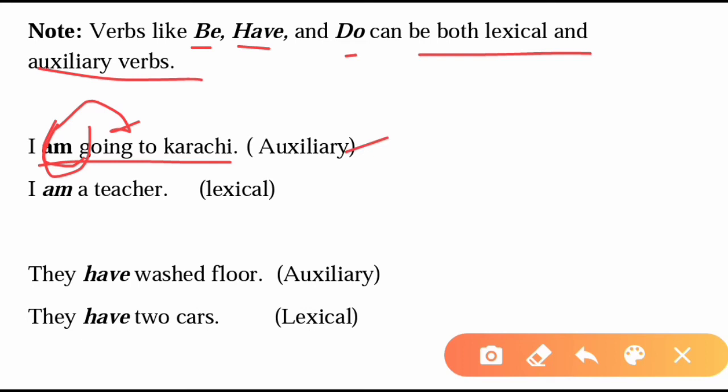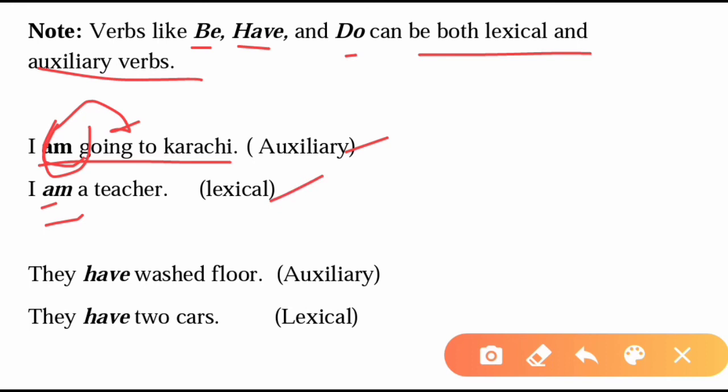Another example: "I am a teacher." In this sentence you can see there is no action, but it is showing the state of being something. For that we know we have to use the be verb. You can see "am" is a form of the be verb. So here "am" is used as a lexical verb.